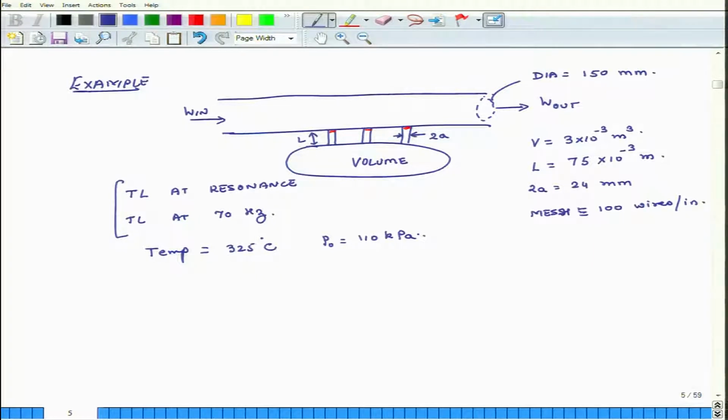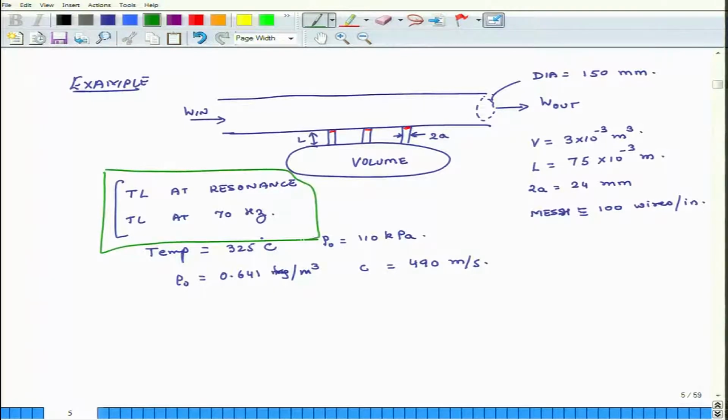For these conditions my density of air is actually pretty low, 0.641 kg per cubic meter, and my speed of sound is high, 490 meters per second. So, we have to use all these data to compute transmission loss at the resonance point and transmission loss at 70 hertz. So, we will start doing our math.